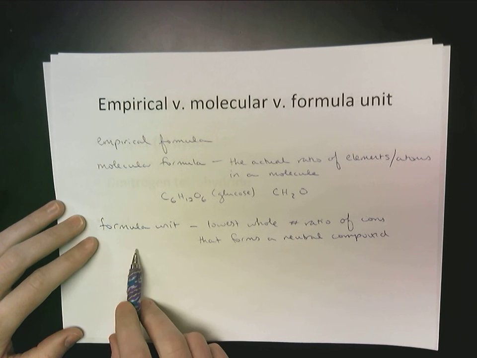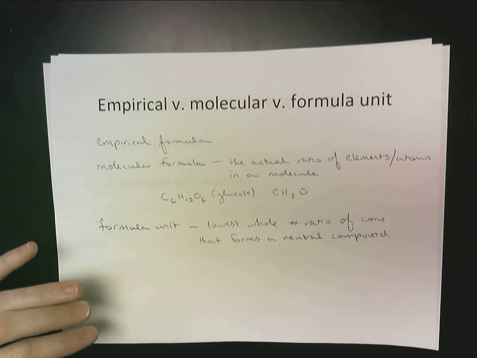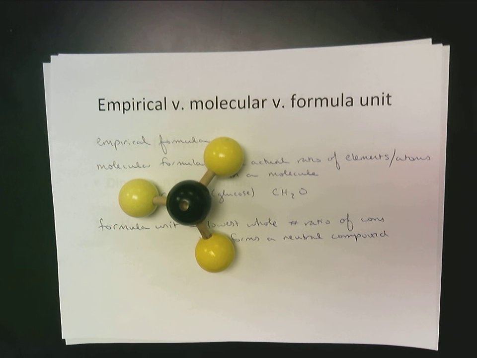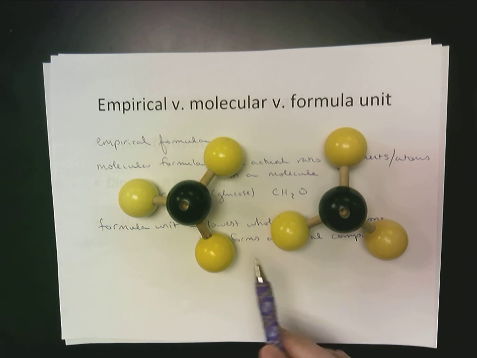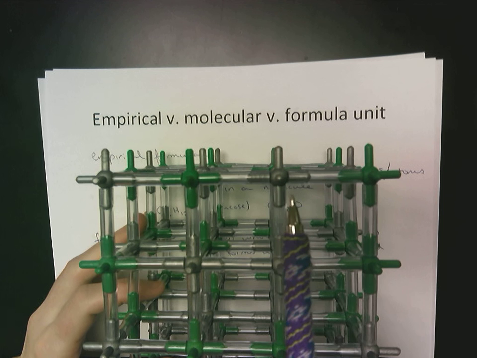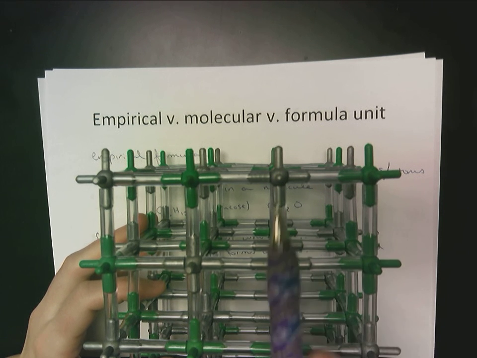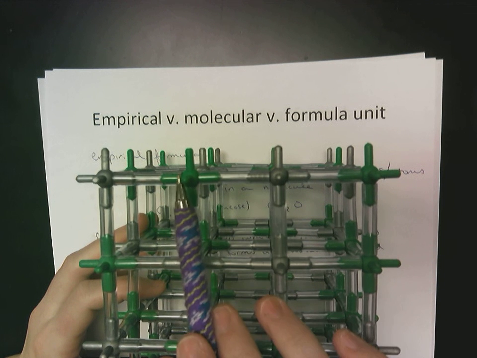Remember, the reason we don't talk about ionic compounds in terms of molecules is because unlike molecules, in which, for example, we might have this ammonia molecule interacting with a neighboring ammonia molecule through intermolecular forces, in ionic compounds we would have nothing special about the interaction between this sodium and this chloride as opposed to this sodium and this chloride over here.